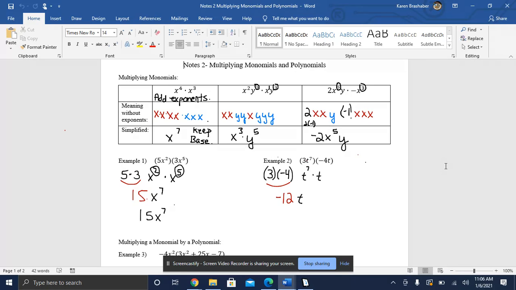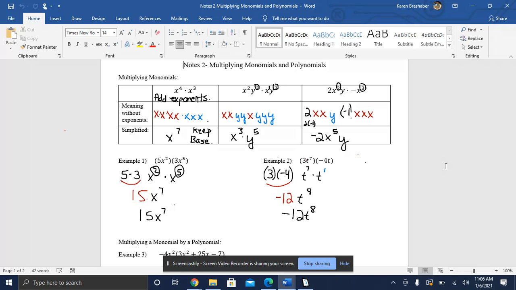We have to the 7th, and we also have to the 1st power. So that's going to be t to the 8th when we add those exponents. So -12 t to the 8th power. And that's how you would multiply monomial expressions. Notice that you keep the bases and that you add the exponents.